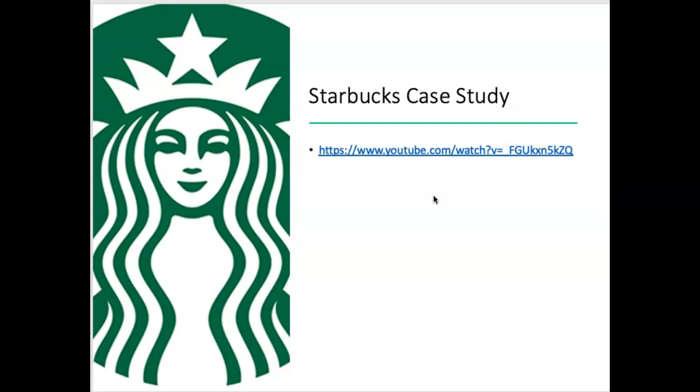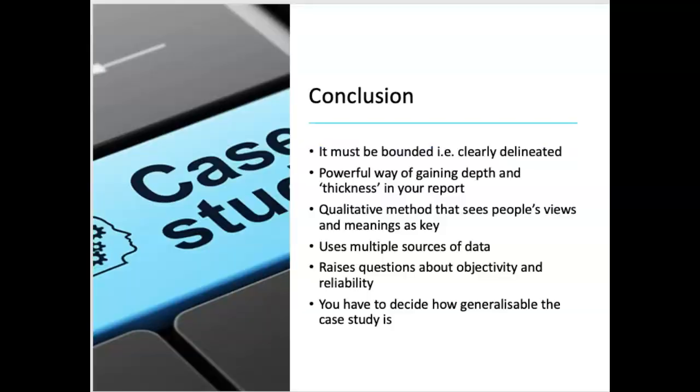Very interesting one because it's a case study of why Starbucks failed in Australia when it's been so successful elsewhere in the world. So as I say, if you're doing a business studies EPQ, or if you're going on to study business studies at university, the case study is often used as a method of research so that you can focus on a particular company or a particular practice within a company.